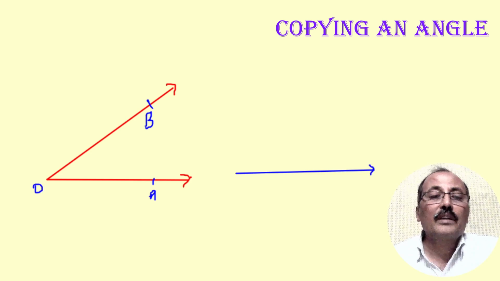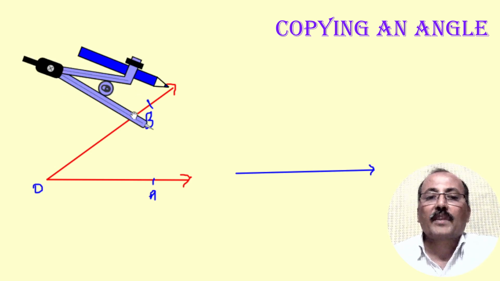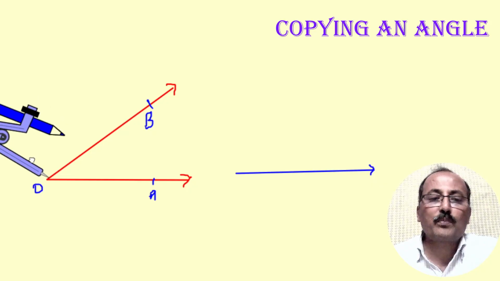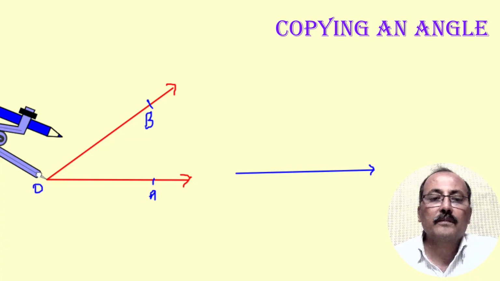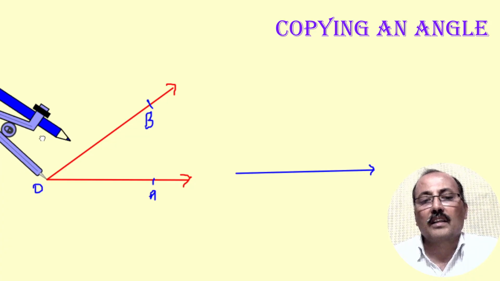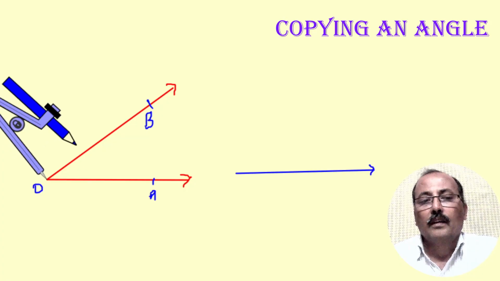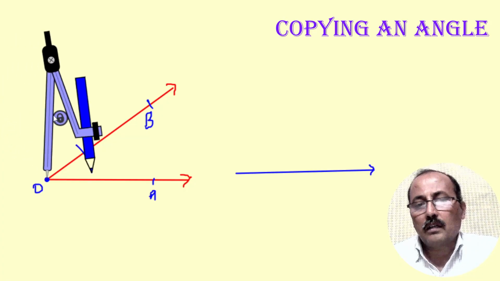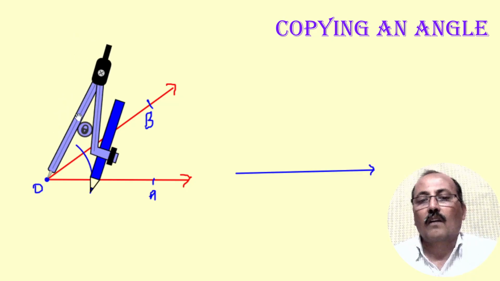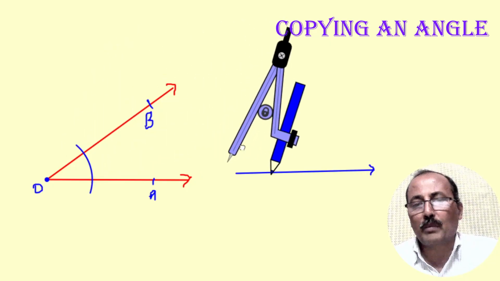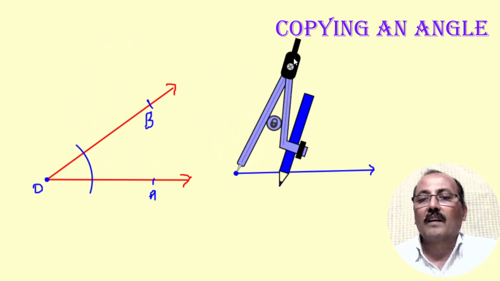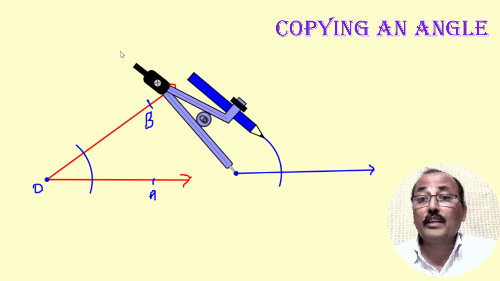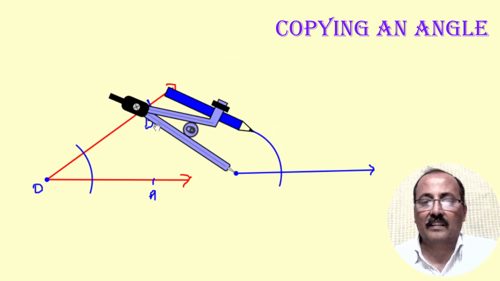What am I going to do? Take the compass and keep it at the center point, that is, at the origin. Draw an arc on the previous angle, and with the same measurement, without changing it, draw an arc on the new ray we have constructed.